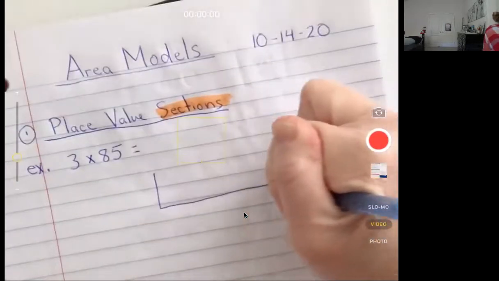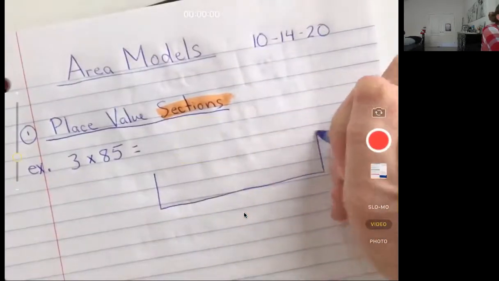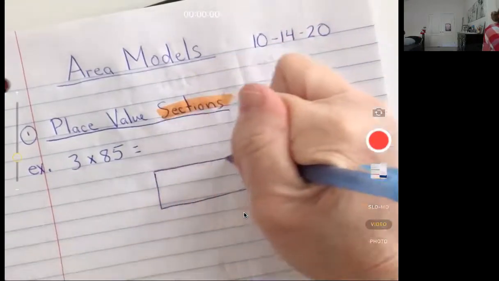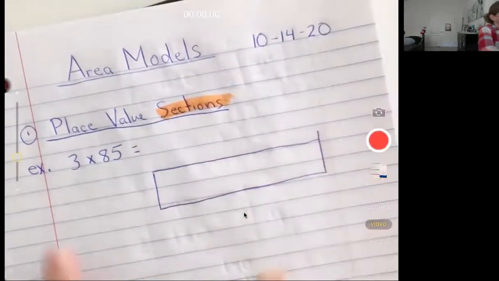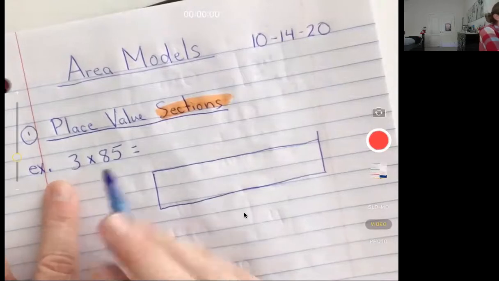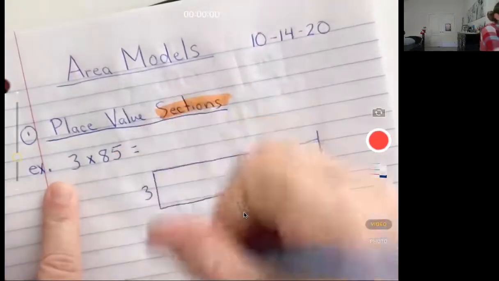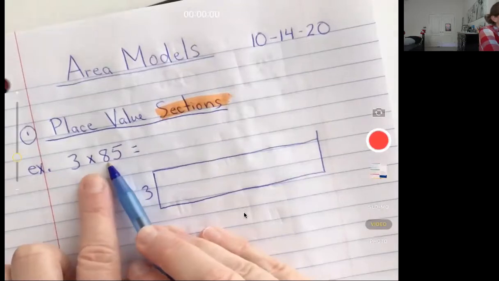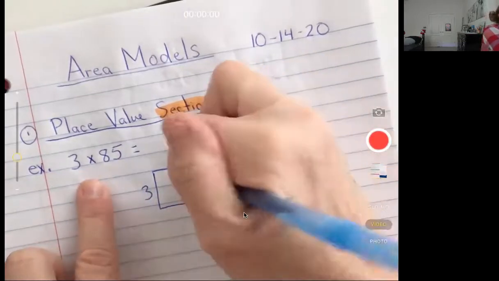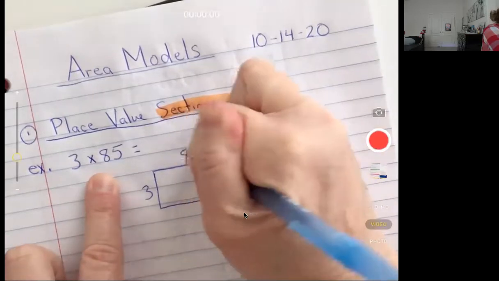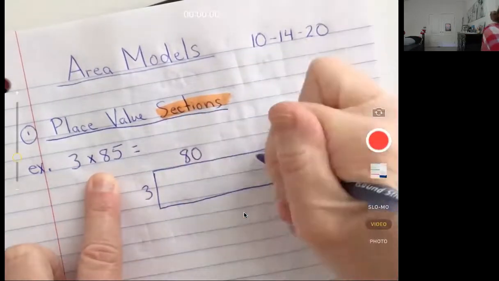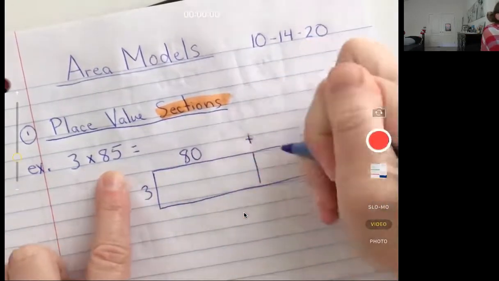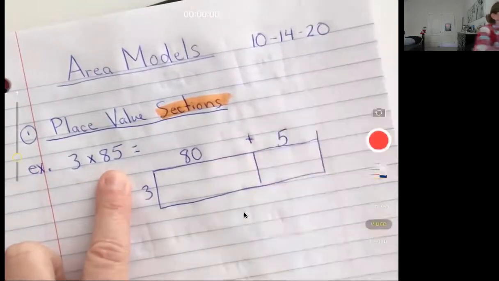We're going to draw our area model, and we're going to break it up. So our first part, our ones, is 3. This is the part that we break up into sections, right? Our tens and our ones. So 8 tens stands for 80, plus our leftover ones will be 5.